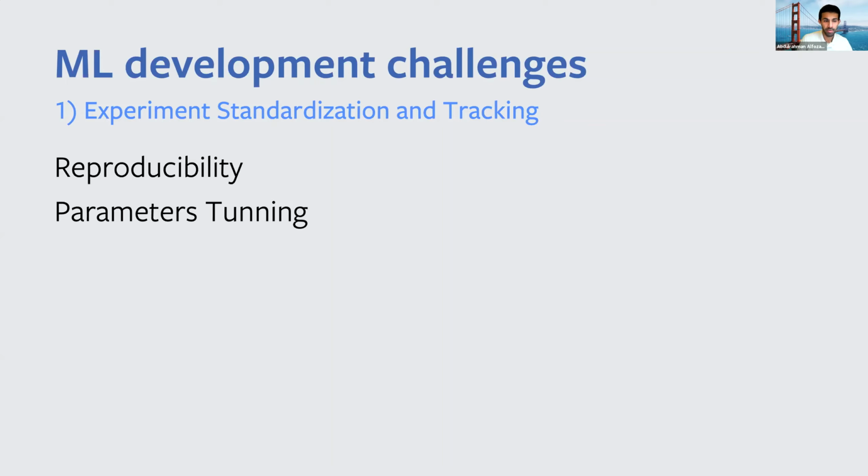Another part of experimentation is parameter tuning. Pretty much every model that you work with will require some initial conditions or assumptions. Could be for a tree, the depth of the tree, even for deep learning, a learning rate is one hyperparameter.